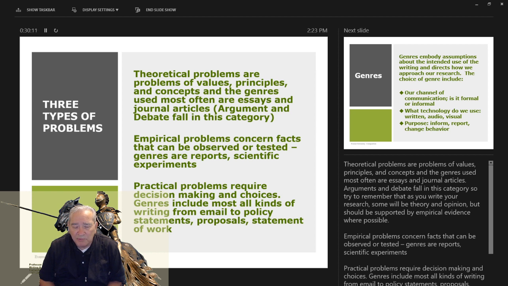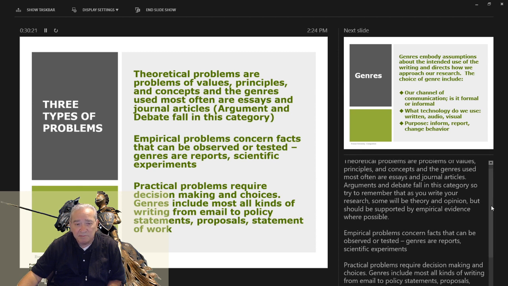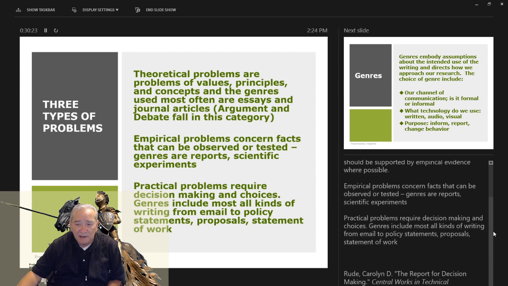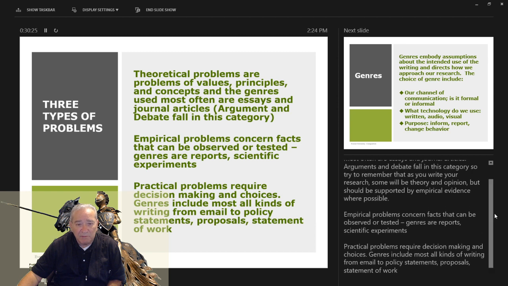Theoretical problems are problems of values, such as religious values, political values, things that create arguments. Arguments and debate fall in those categories, and there are principles and concepts. These theoretical problems are usually based on principles and concepts.